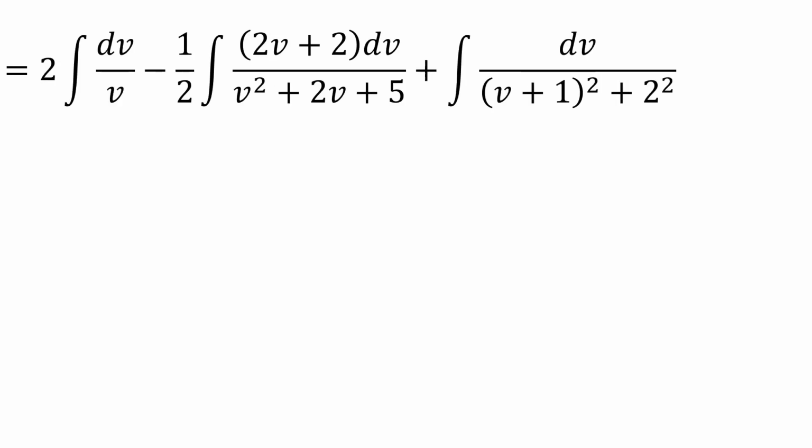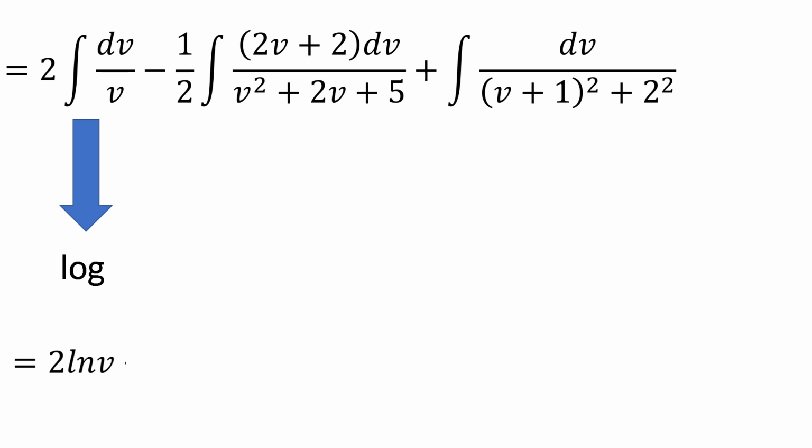Each of the terms of this integral can be solved by a certain formula. The first term can be solved by using the logarithm formula, and the result of 2 times the integral of dv over v is 2 times the ln of v.